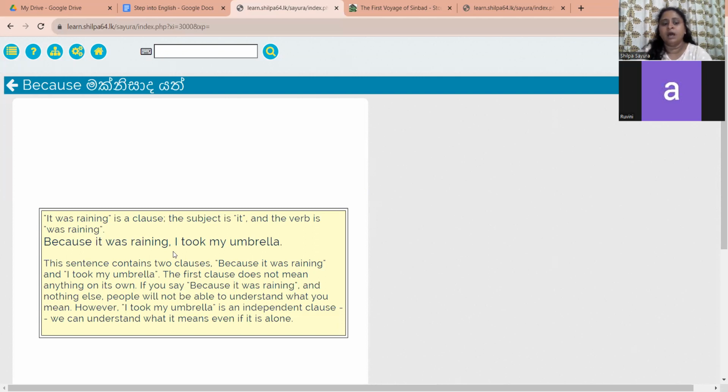එතකොට I took my umbrella කියන එක independent. main clause එක නෙමෙයි, ඒක independent clause එක. මොකද because it was raining එකට meaning එකක් නැහැ. I took my umbrella, මම මගේ කුඩේ ගෙනිච්චා. ඒකට meaning එකක් තියෙනවා. එතකොට subordinate clause එකයි independent clause එකයි identify කරන්නේ එහෙමයි.